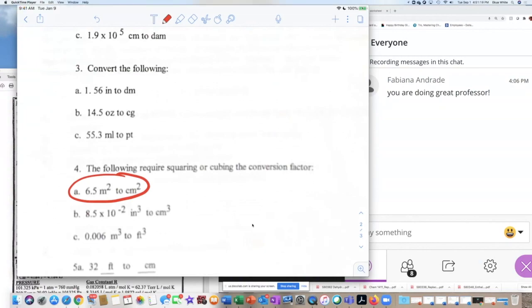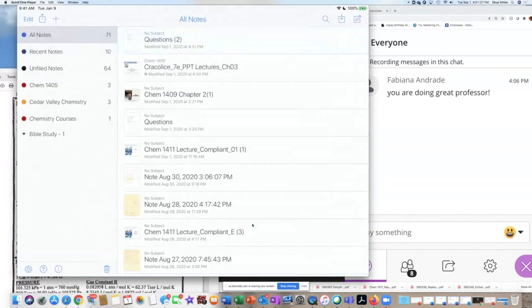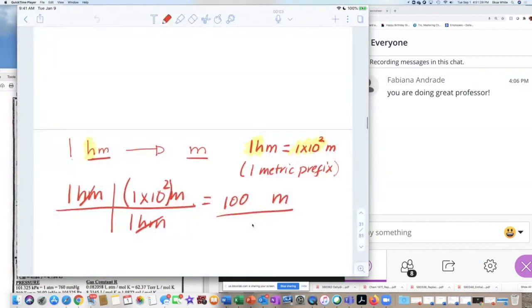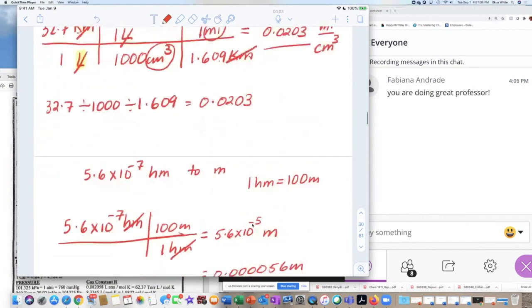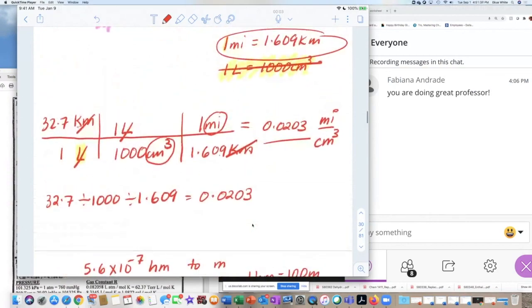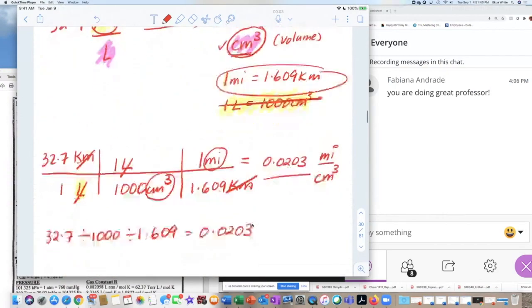So this is going to be 6.5 meters squared to centimeters squared. Okay. I had a student ask me once, why can't we just do that method where we do this? And I said, because how do you solve a problem like this one here? Okay. So let me see. I was somewhere in here. Does it really matter at this point?